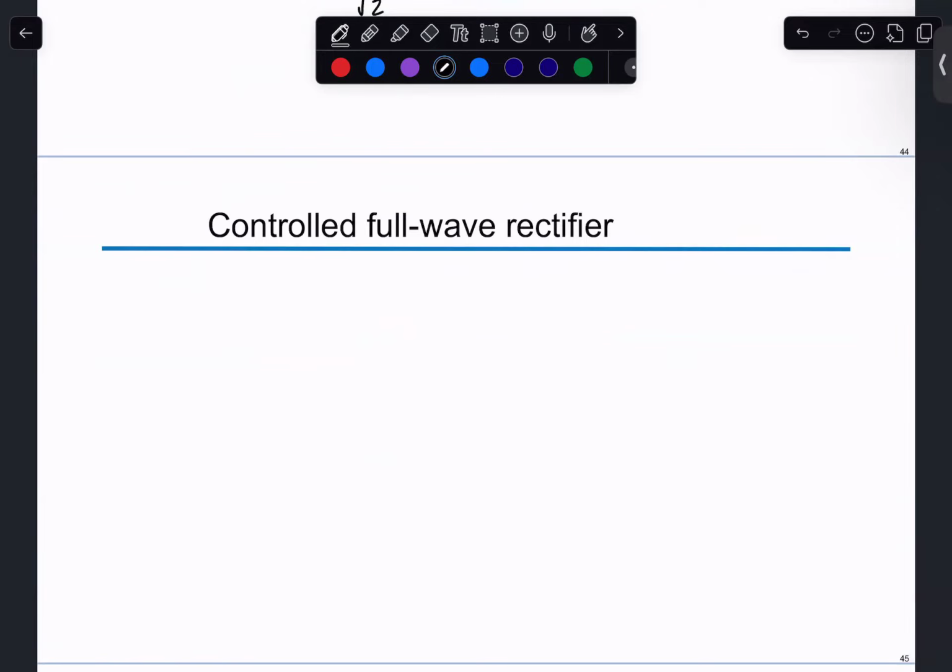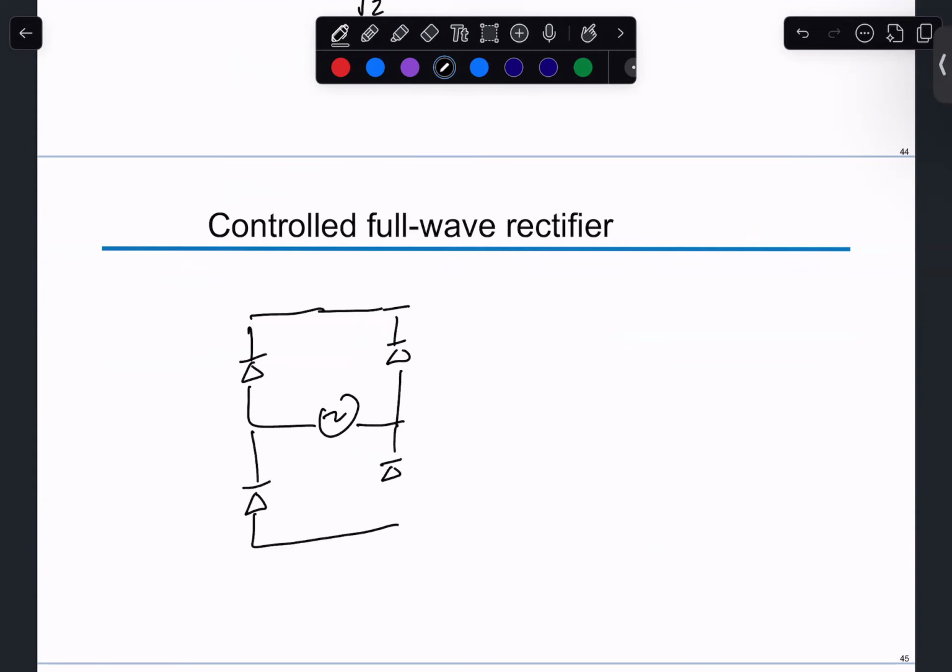And again, the controlled rectifier is just a full wave rectifier where instead of diodes, we use SCRs. So drawing this again, add all these ticks. And now we have a controlled full wave rectifier.